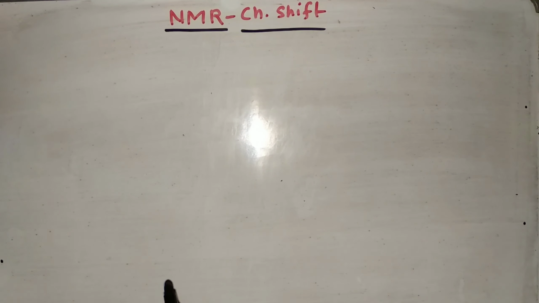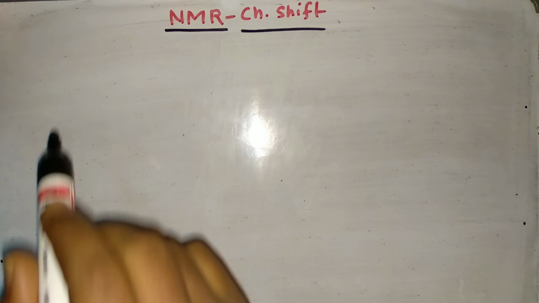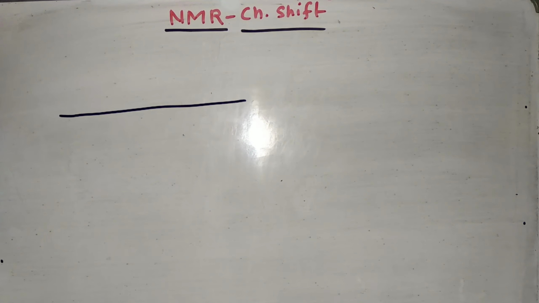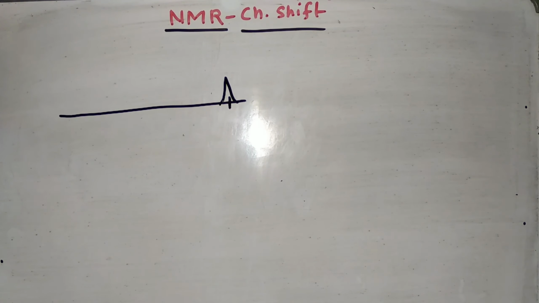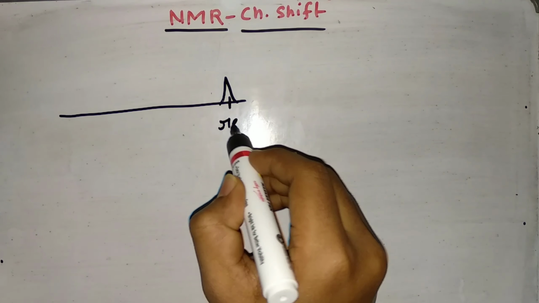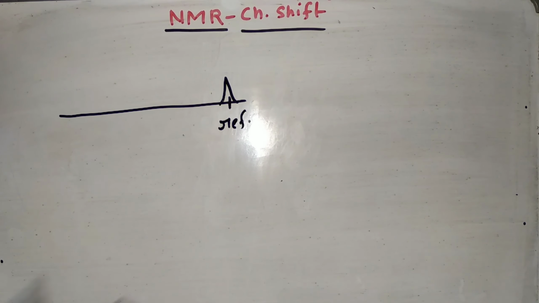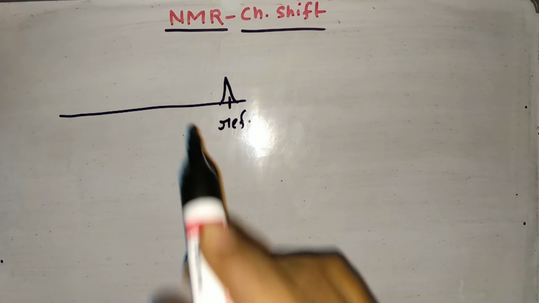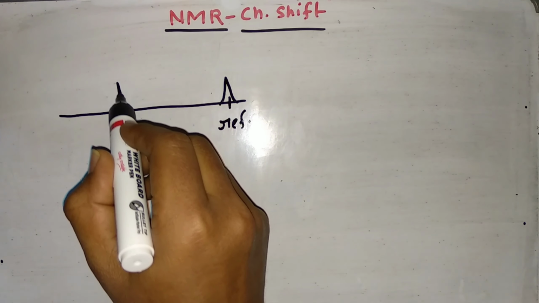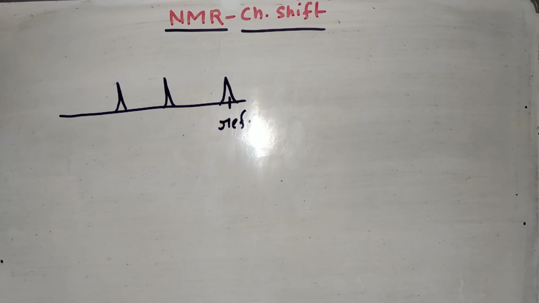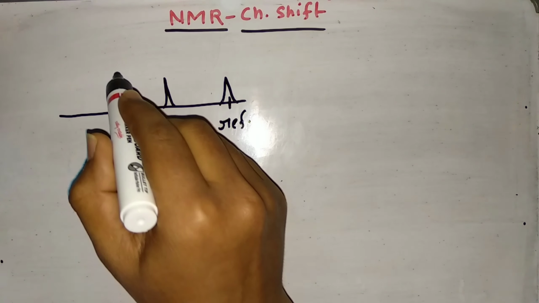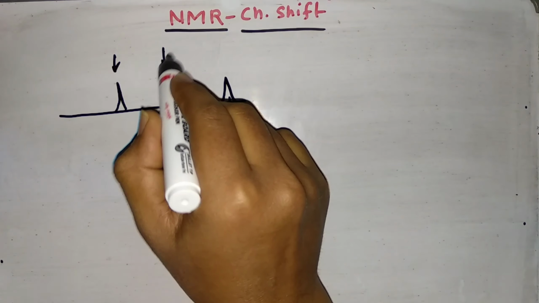So what is chemical shift? Actually, I want to show you the chemical shift by a graph. Let's take a line, and here you are getting a peak. This peak is for a reference solvent, or reference sample. And if you are getting a peak right here and another peak right here, here it is PMR, so for proton, say this is one proton and this is another proton.